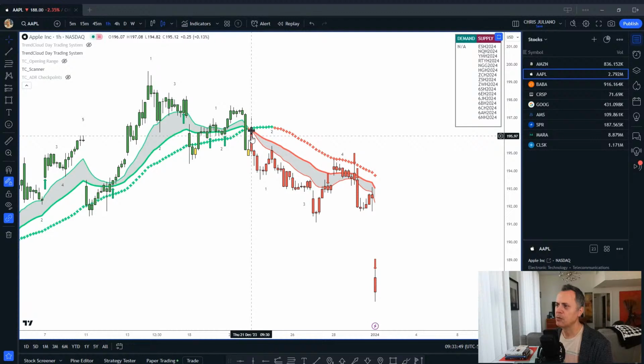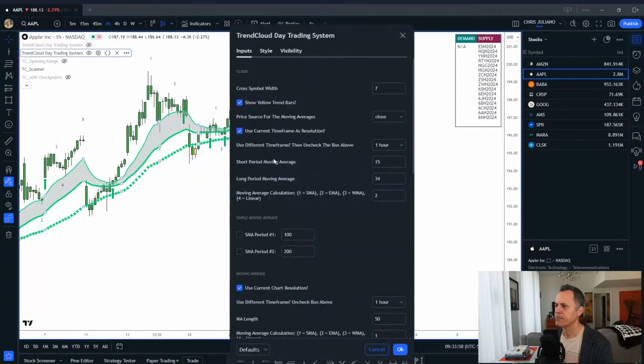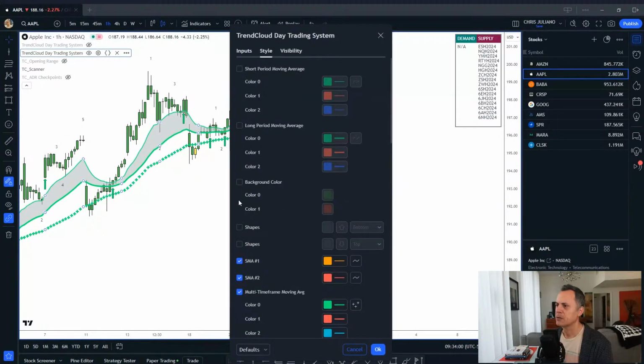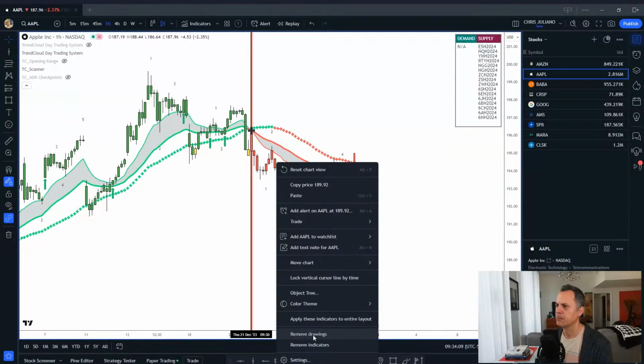Apple, we knew that Apple was on sale right here, right? Right there. Because you can put your little background color. Just go to style and background color. Okay. There you go.